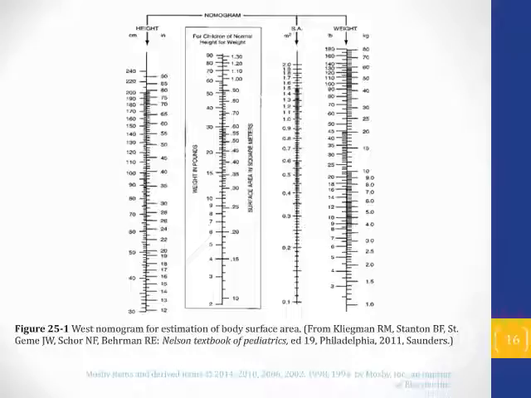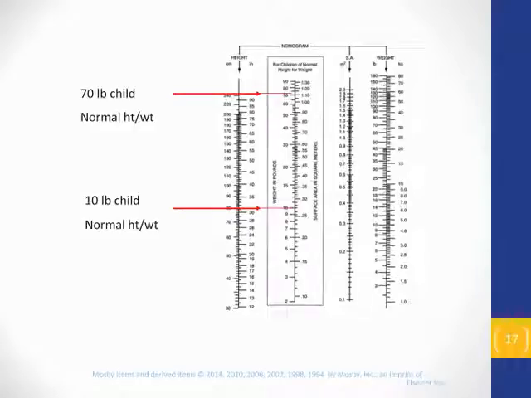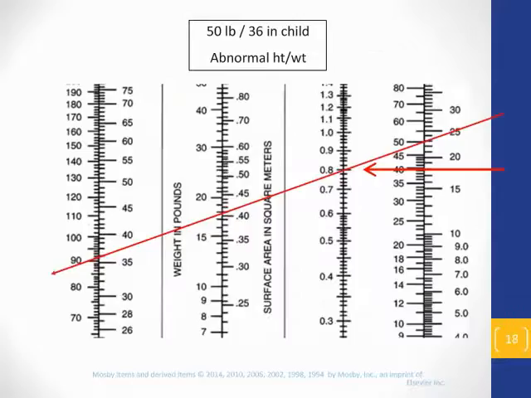Here's another example where they're saying that this is a 10-pound child. You can just check right there on the chart, and that's your BSA. Or it's a 70-pound child, and you can look right up above there, take what the BSA is and plug that into your formula. Here's a close-up example of a child that weighs 50 pounds and is 36 inches in height.